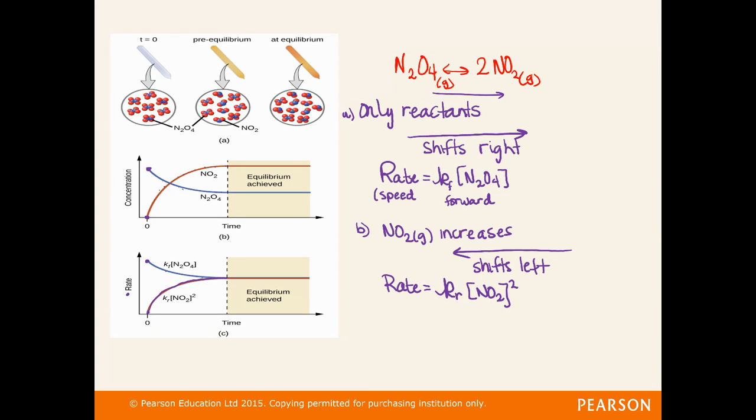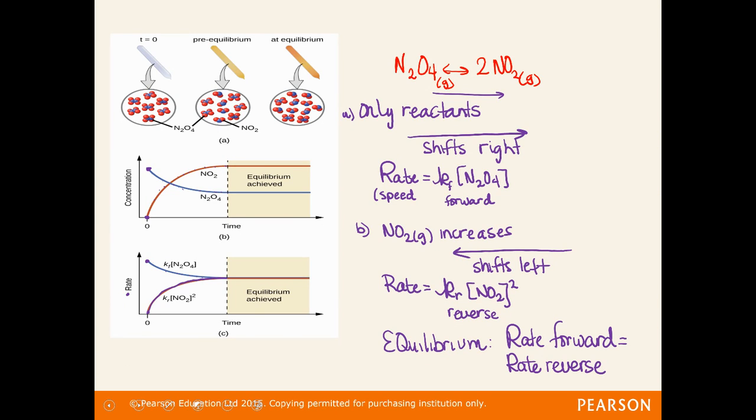Eventually, the speed at which it's going forward equals the speed it's going reverse. And that's a famous thing in chemistry called equilibrium. That's the rate forward equals the rate reverse. Okay, now at equilibrium, couple things.